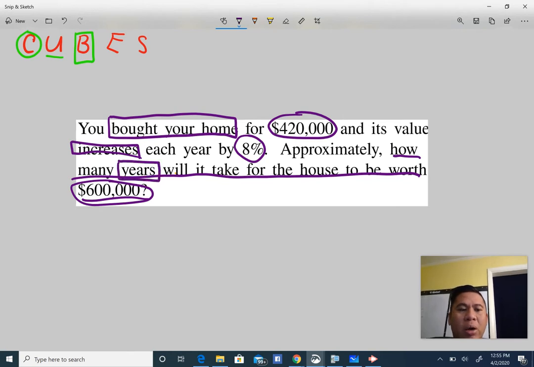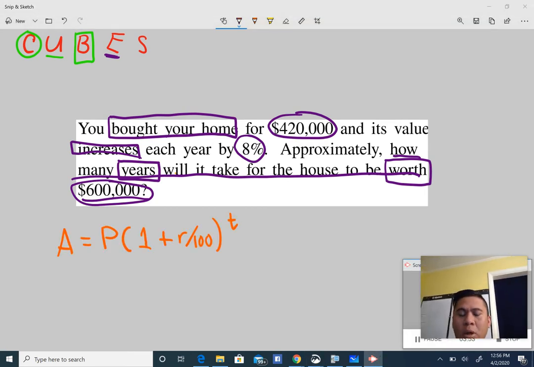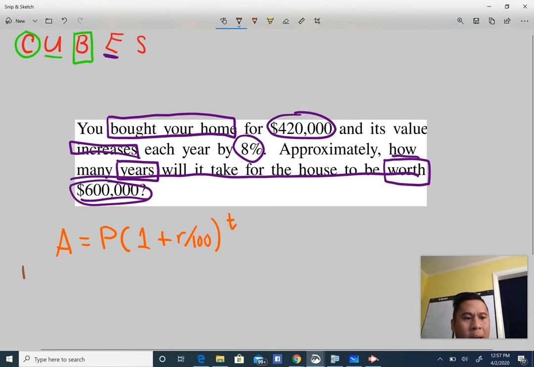We're talking about the number of years for the house to have its future value of 600,000. So let us now make an equation out of this. 420,000 is how much the house was bought for, so that will be our principal value. 8% is the rate of increase.